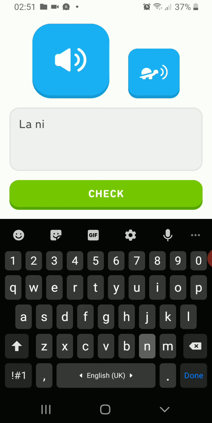Don't forget that there is a tilde on top of the N. This is what I said the last time. It's the palatalization here. It looks like there is ni, nia, but it's not the case. So, la niña.